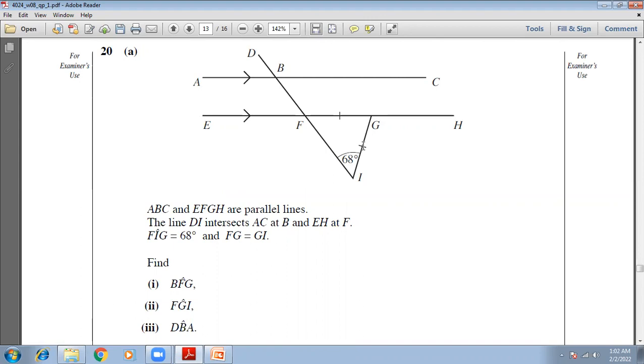This is 68, and this is an isosceles triangle. You can see the symbol. This is 68. This will be also 68. Okay. So once you know this, it's a straight line. If this is 68, this angle, which is the actual question, which is BFG, that will be 180 minus 68.